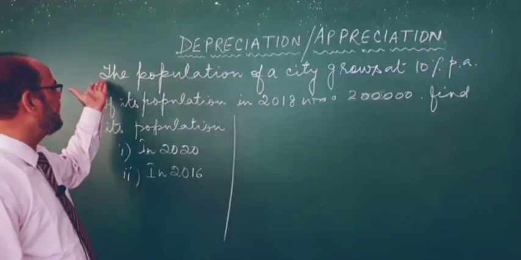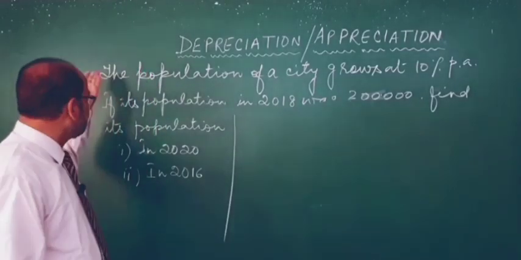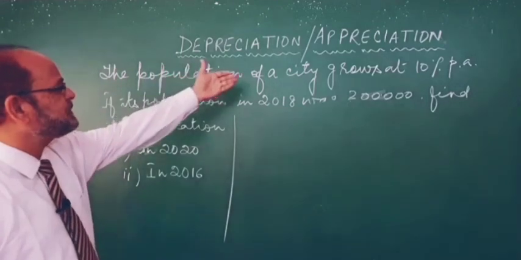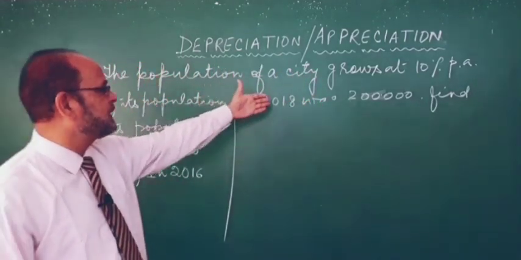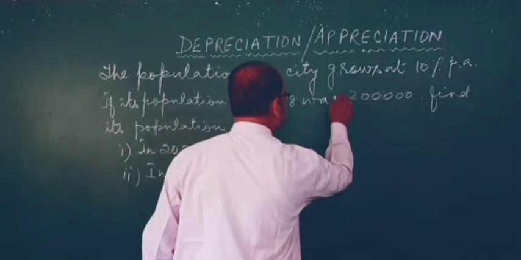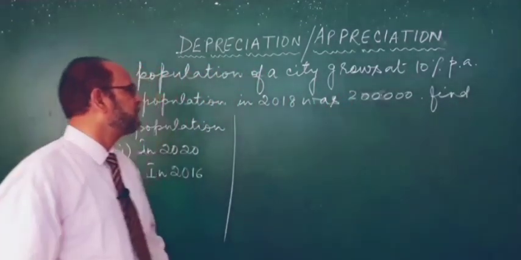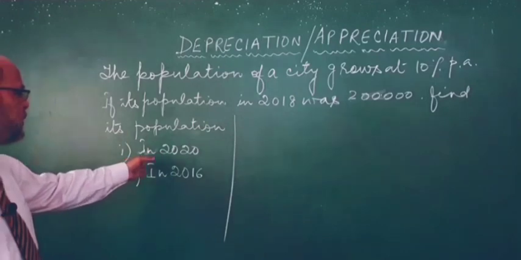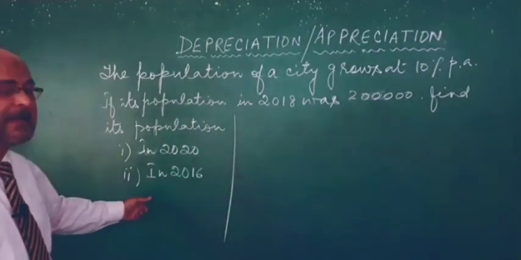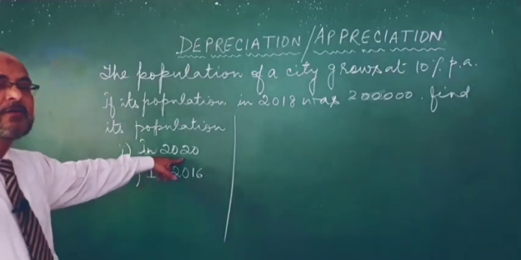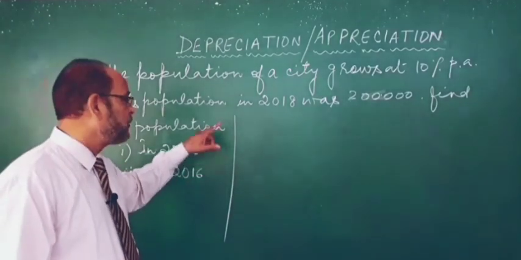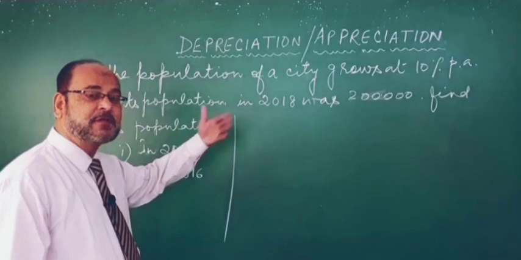The example which I have taken is: the population of a city grows at 10% per annum. If its population in 2018 was 2 lakhs, find its population in 2020 and, second part, in 2016. So in the first part we have to find the population after 2 years.